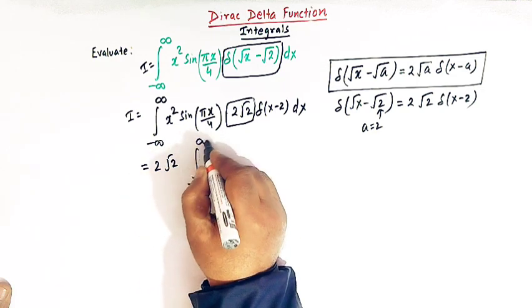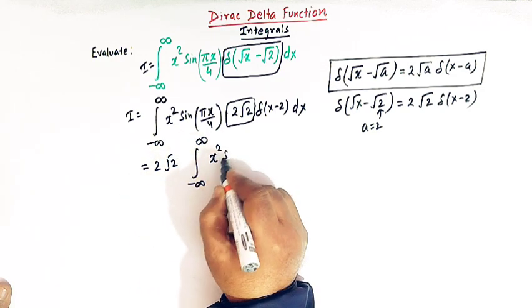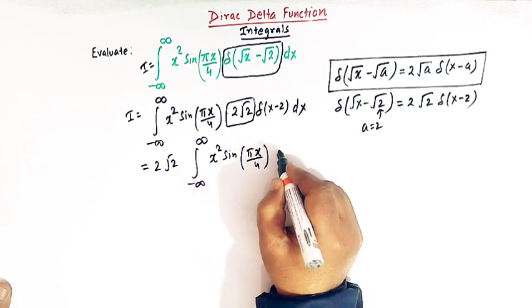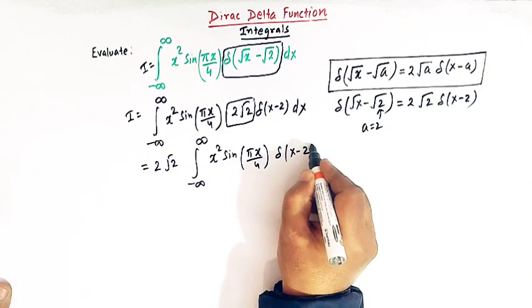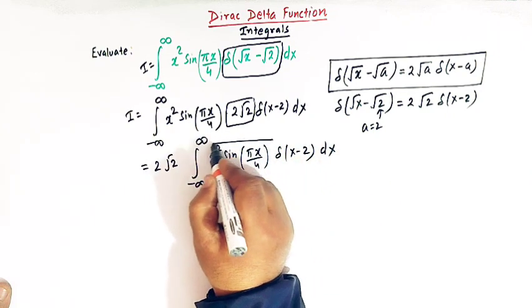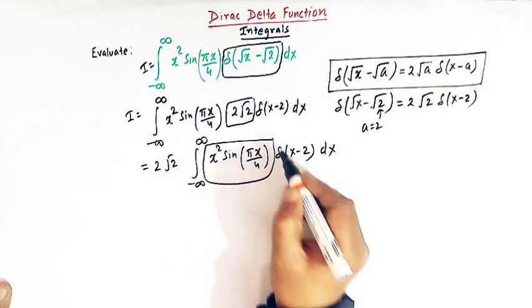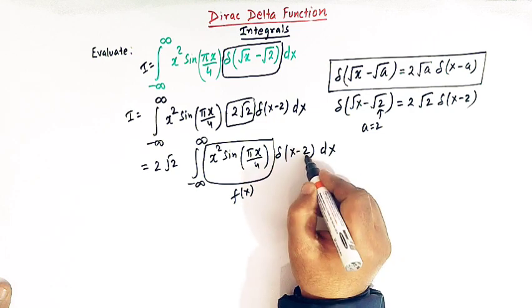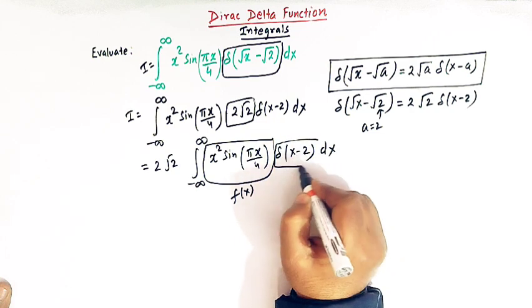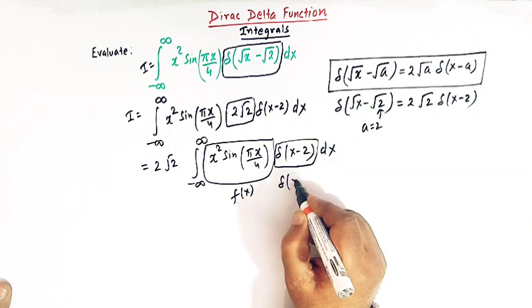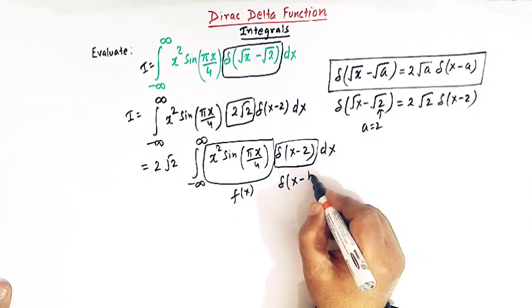and we have the integral from minus infinity to infinity of x square sine pi x over 4, and here we have delta of x minus 2 dx. Now let us take this function as, say, f of x, and let us take delta of x minus 2 as delta of, say, x minus b.